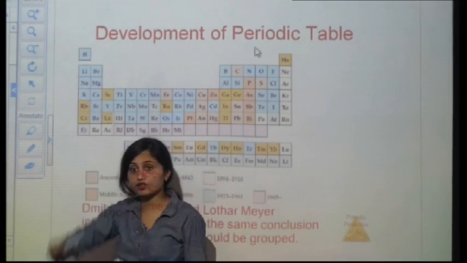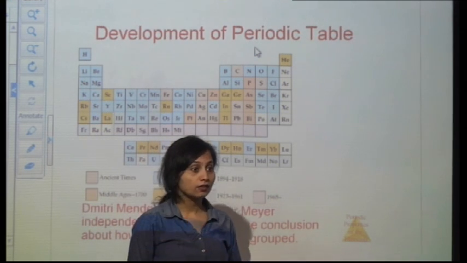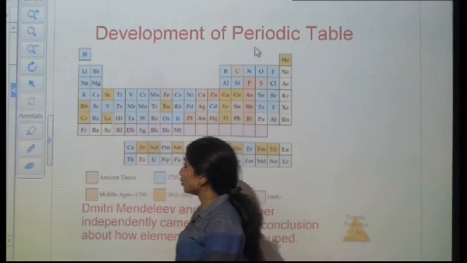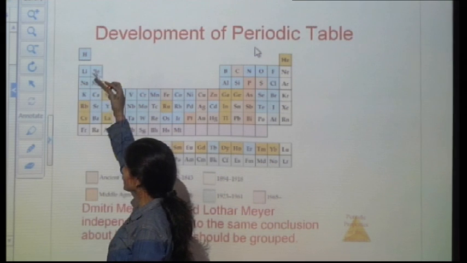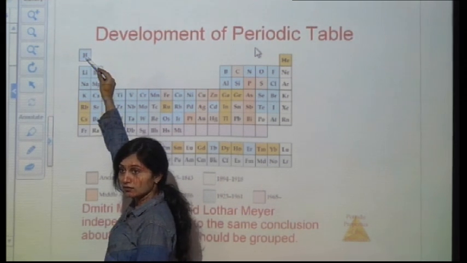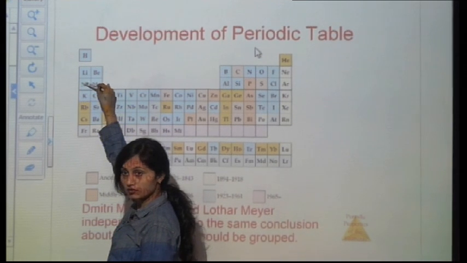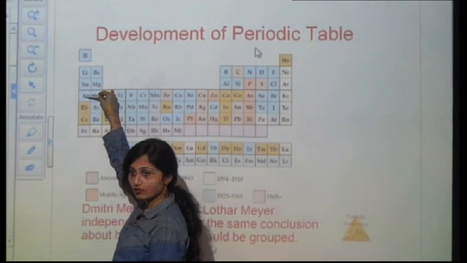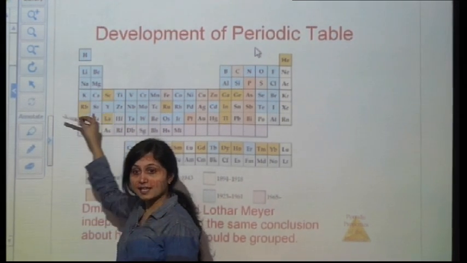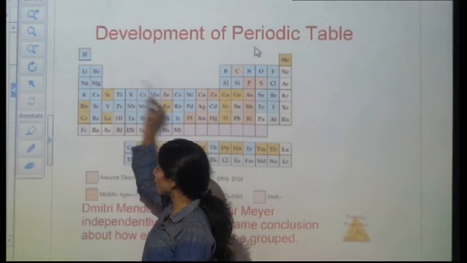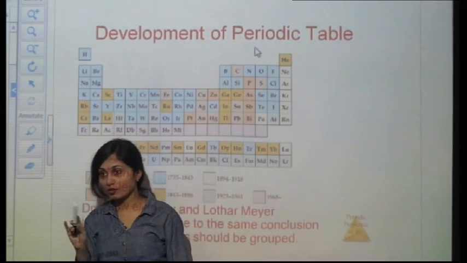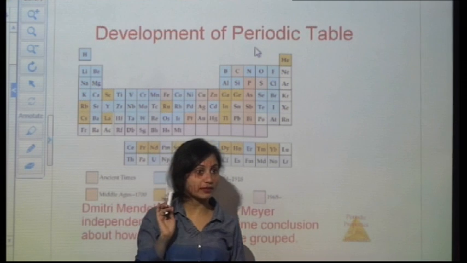One more thing that you must have observed here is that when you talk about the configurations, it is 1s1, 2s1, 3s1, 4s1, 5s1, 6s1 and so on. You do not remember the atomic numbers of all of the elements on the periodic table.